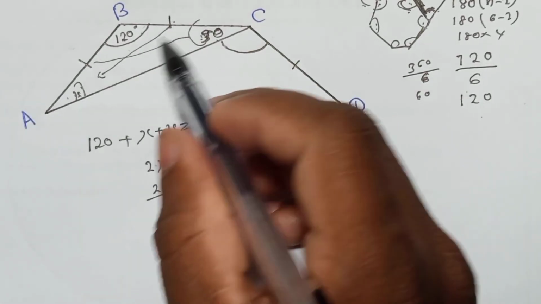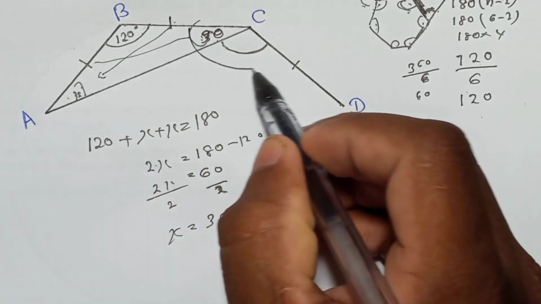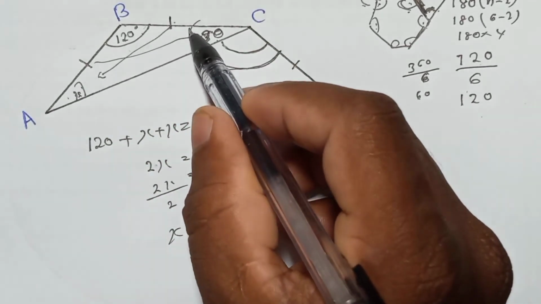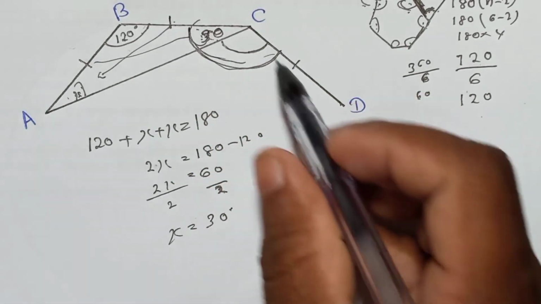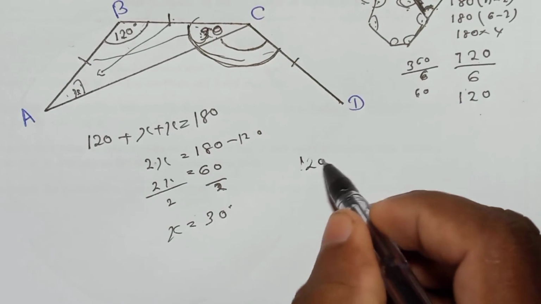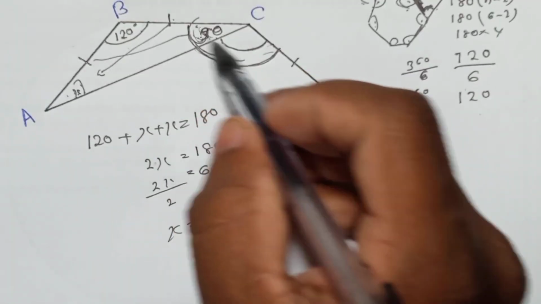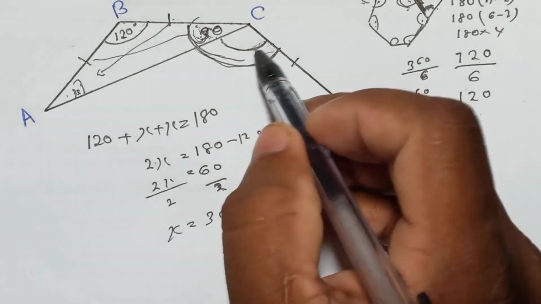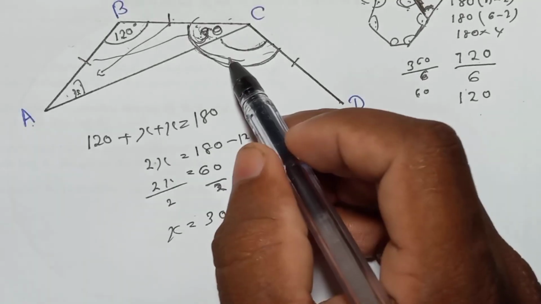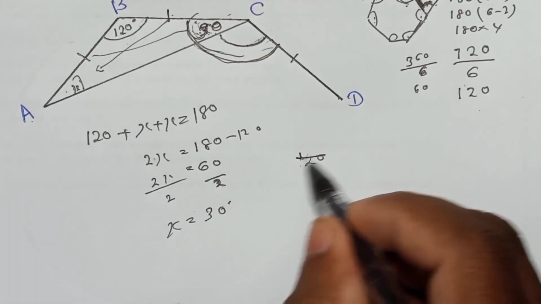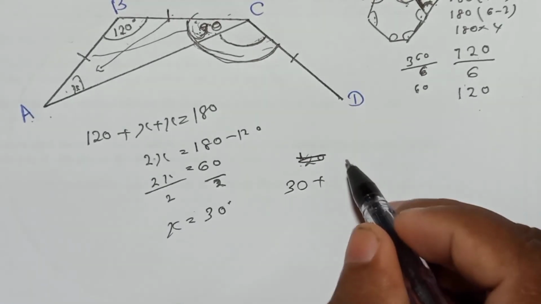Now we know again this is 120. Not only that, this one also is 120, this complete angle. From 120, if you subtract this angle size, you can get the angle they ask. They ask for angle ACD.